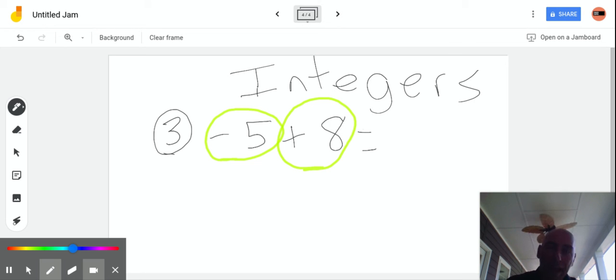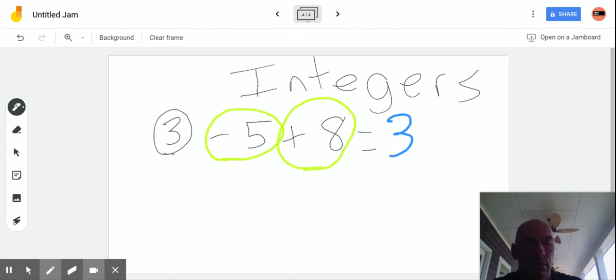Same signs add, different signs subtract. These are different signs, so we subtract. 8 minus 5 is, and always will be, 3.